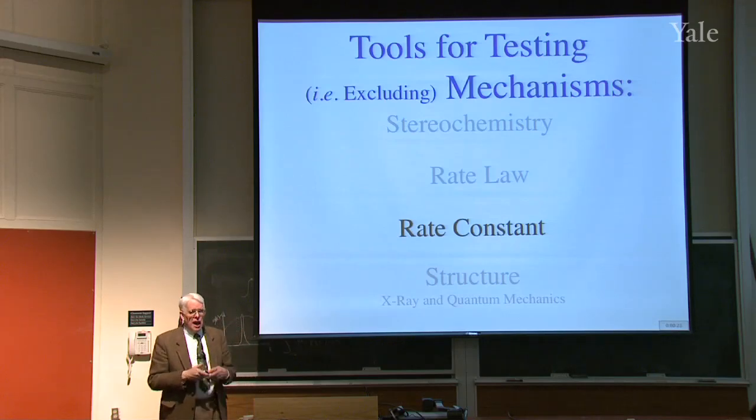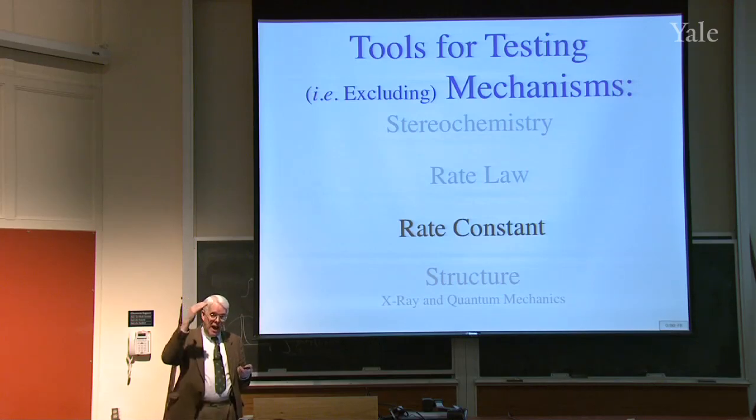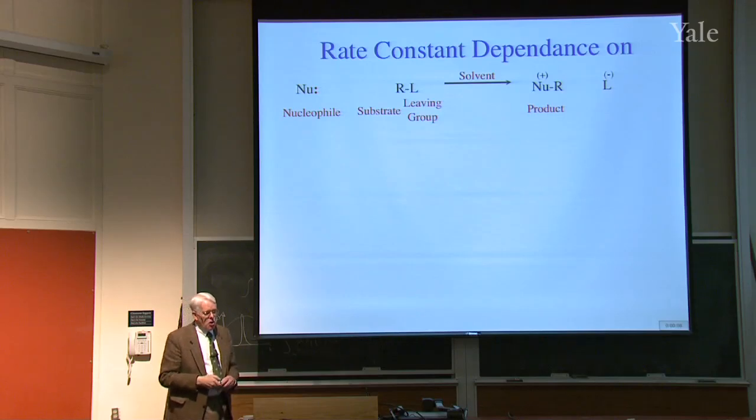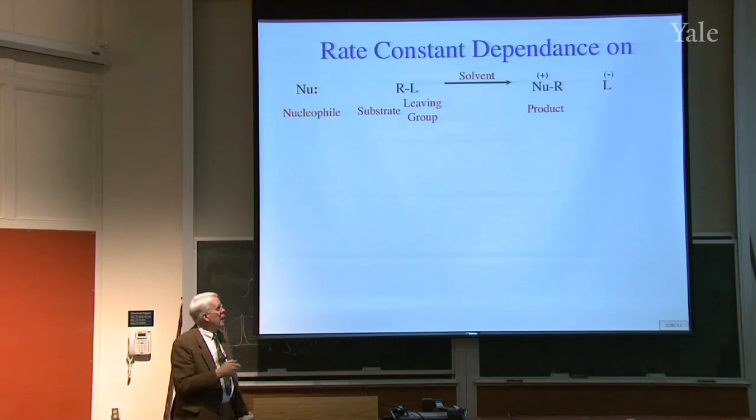Okay, now another thing you can test is not just how it depends on concentration, but what the rate constant is. In fact, we just looked in the last slide at whether these rate constants were plausible for a higher HOMO and a lower HOMO, right? So the rate constant will depend certainly on what the nucleophile is, ethoxide versus ethanol, but it'll also depend on what R is, what the leaving group is, what the solvent is, right?